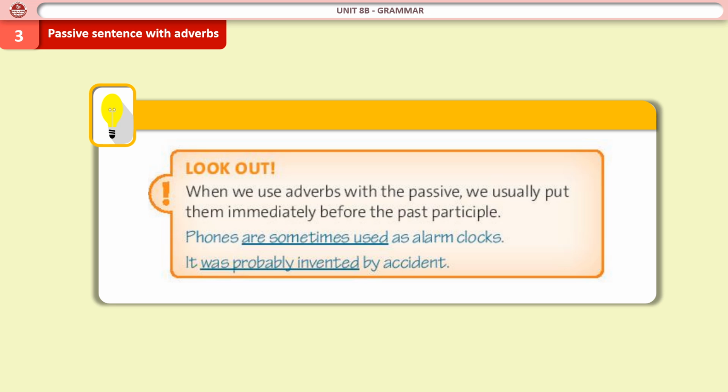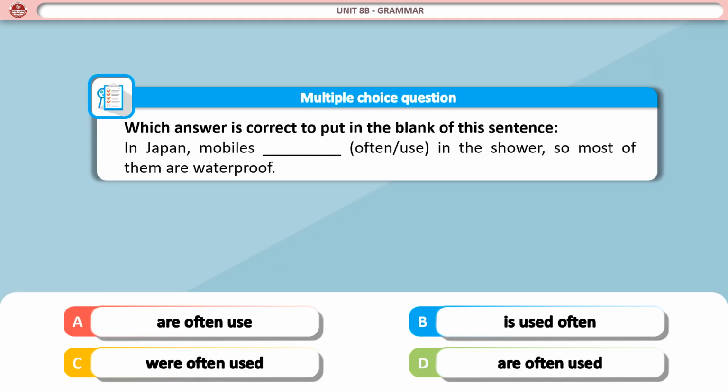Right. Let's try to do some practice together to make sure that we all understand it. For the sentence, in Japan, mobiles can be seen in the shower. So most of them are waterproofed. So your job here is to fill in the blank using passive.